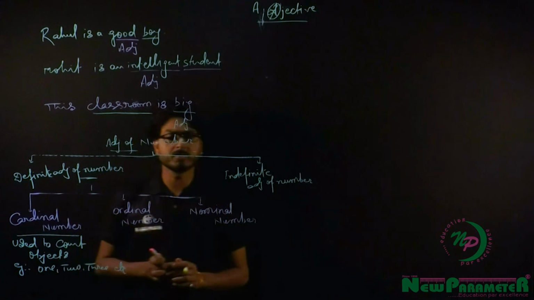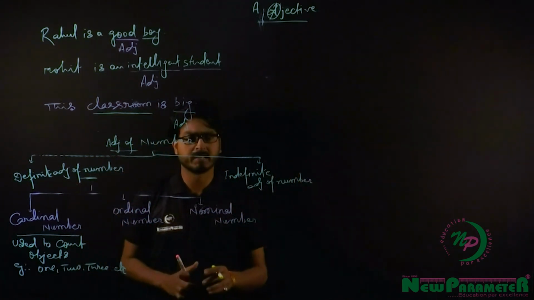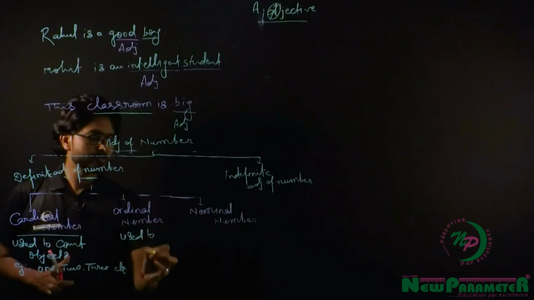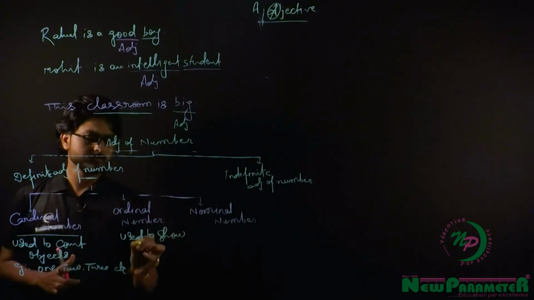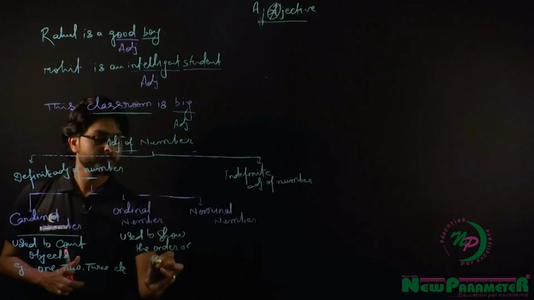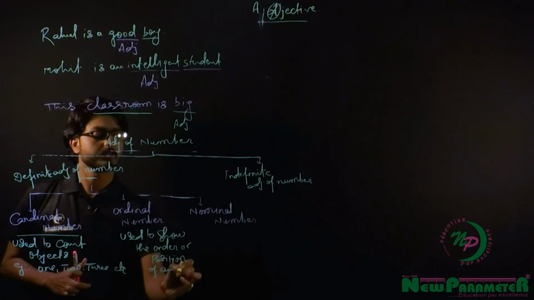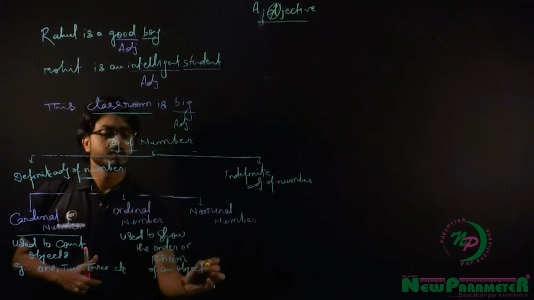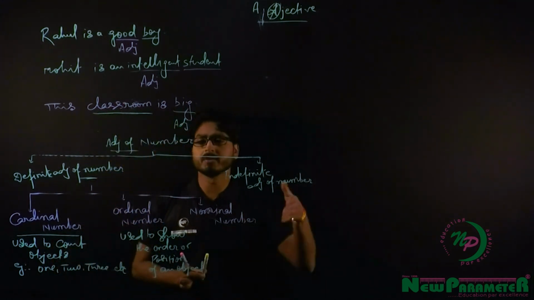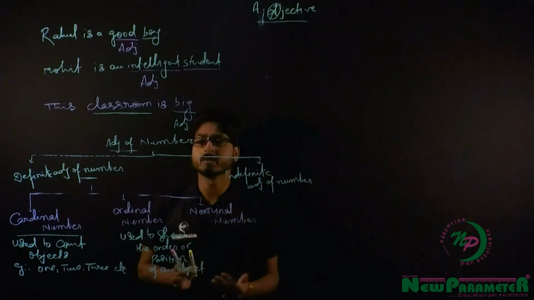This is a number basically used to show the position or order of a noun or pronoun or anything. I should write here, used to show the order or position of an object. Suppose there are 10 students in a queue. I ask who is the first, who is the second, who is the third, and who is the last.